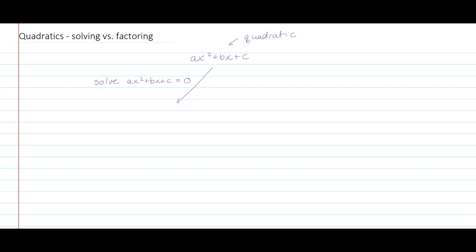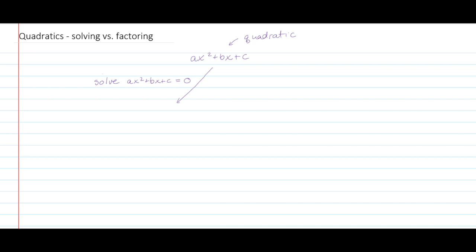Okay? So the way that you're going to recognize that I'm talking about solving an equation is there's going to be an equation. It's going to be something equals something else, and you should be able to boil it down to a quadratic. So what does it mean to solve an equation?